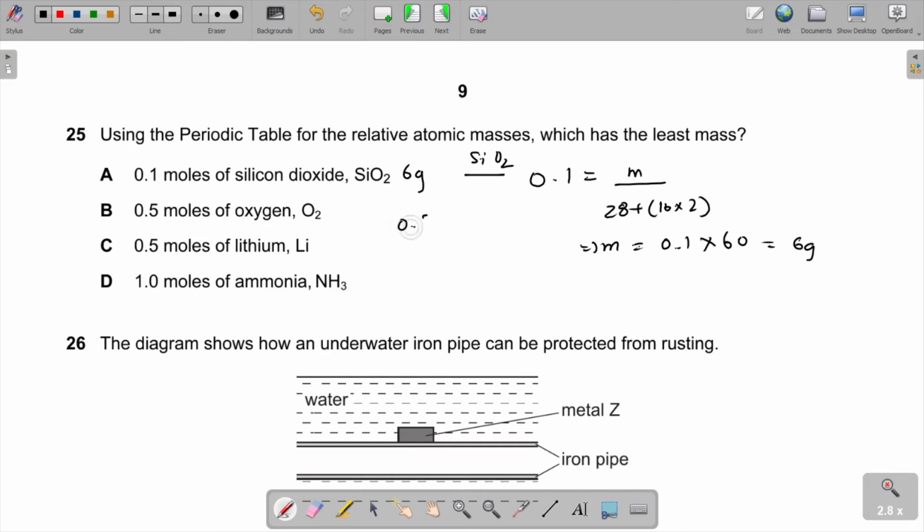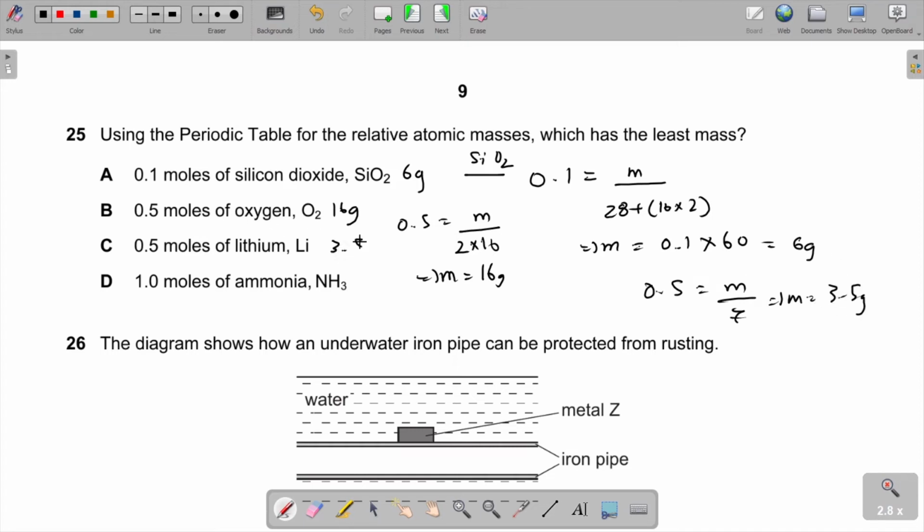Now let's take a look at 0.5 moles of O2, which is 2 times 16. So the mass is 0.5 times 2 times 16, which is 16 grams. For lithium, 0.5 moles, the mass is 7, so 0.5 times 7 gives 3.5 grams.